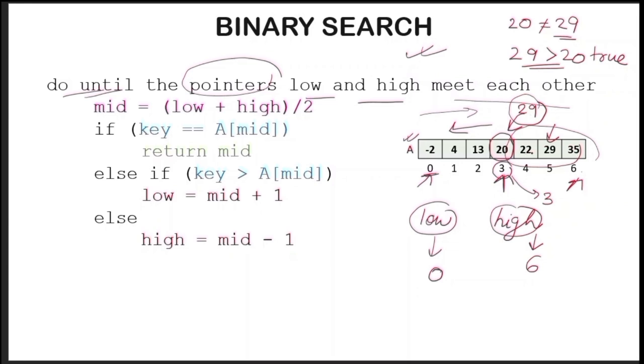So now the searching will be performed in the remaining half of your array, that is 22, 29 and 35.